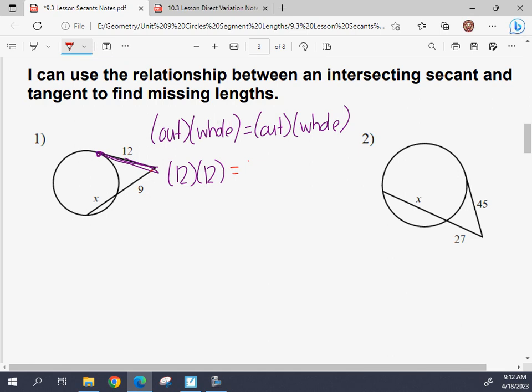And then for my secant, I do the same thing we just did. So my outside piece is 9. My whole thing is adding the outside plus the inside. And then I can proceed to solve for x. I'm going to divide both sides by 9.